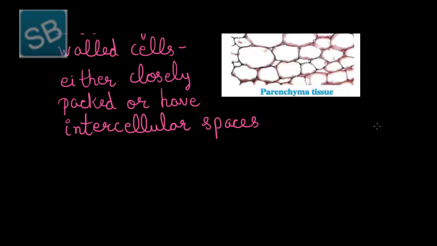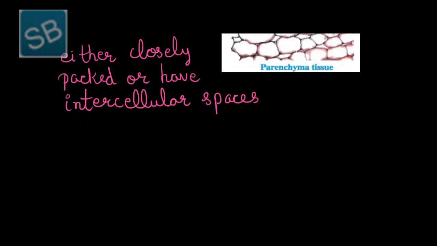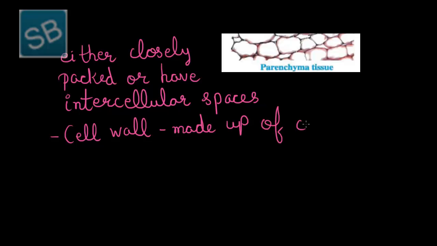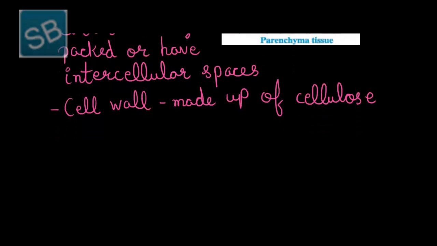This cell wall is made up of cellulose. Each such parenchymatous cell is isodiametric or spherical or oval in shape.